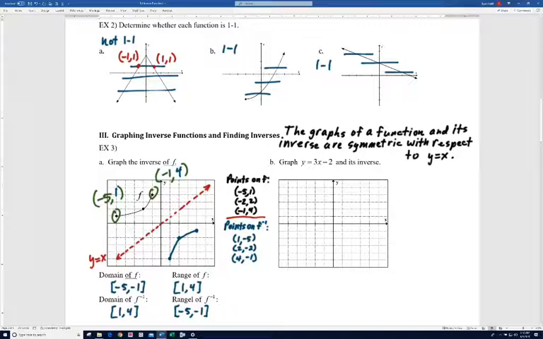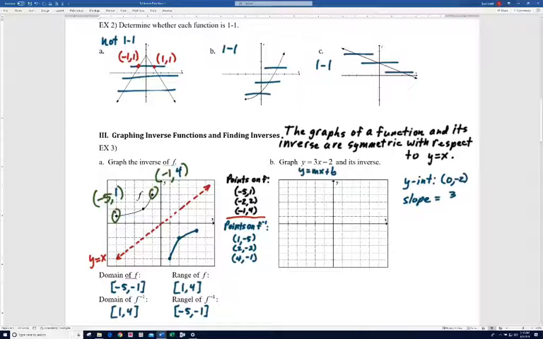All right, on B, it says graph y equals 3x minus 2 and its inverse. Well, this is a line in slope-intercept form. So when we graph these, we start with the y-intercept, which is (0, -2), and then we apply the slope to get to another point on the line.